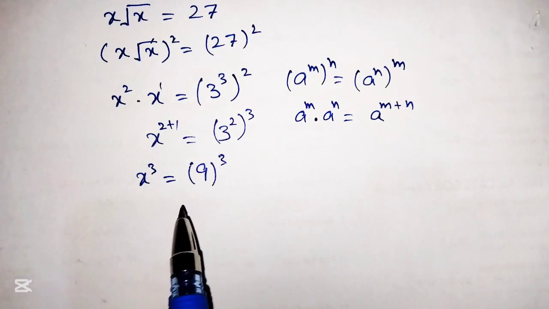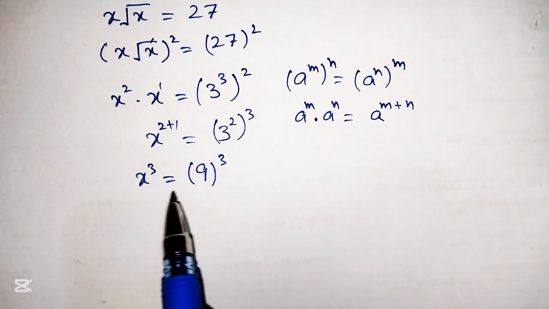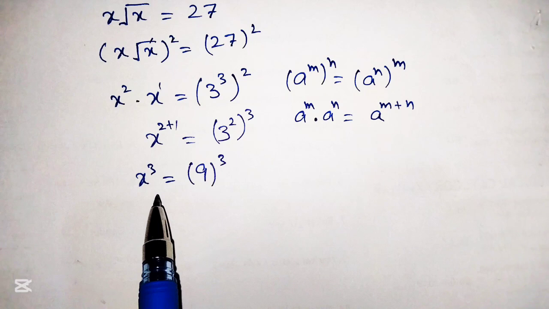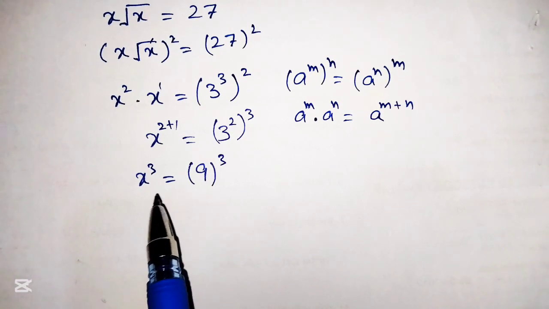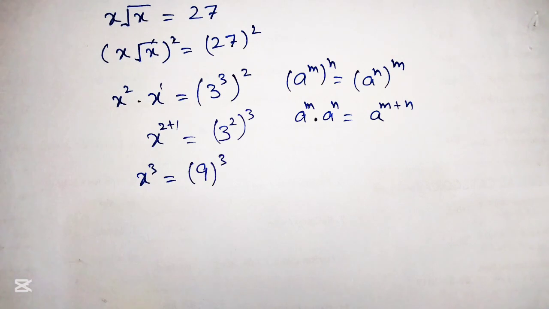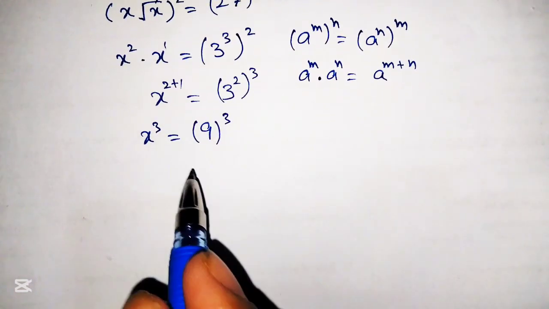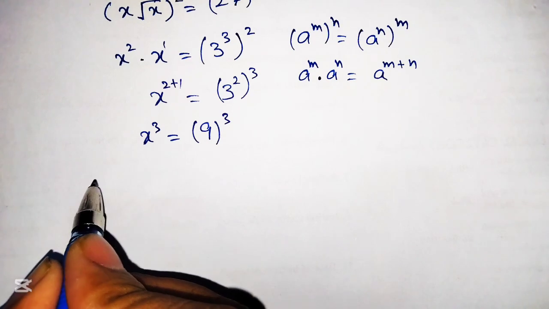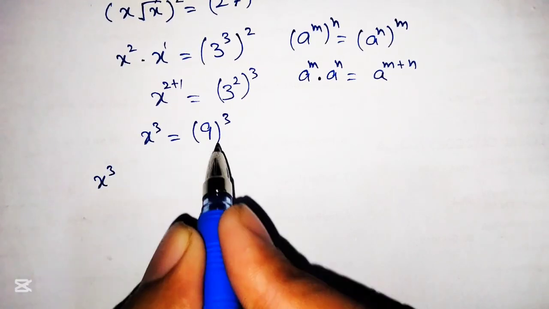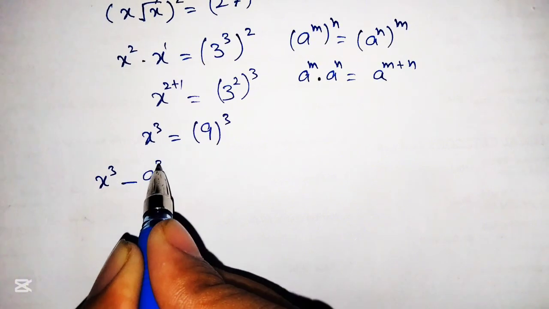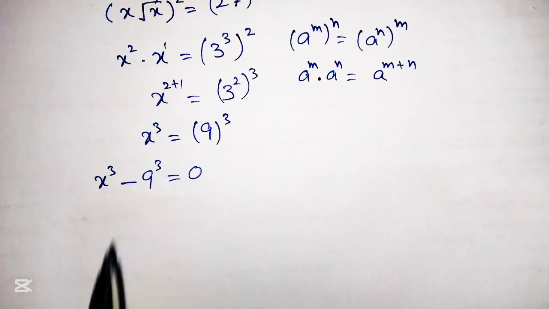Now from this we can find one root of the given equation, that is x is equal to 9, by comparing the left hand and right hand side. But actually we have to find all three roots of this equation. For this purpose we will use the cubic formula to find the other two roots. For this purpose we can write this as x cube, taking this 9 cube towards the left hand side, we will get x cube minus 9 cube is equal to 0.